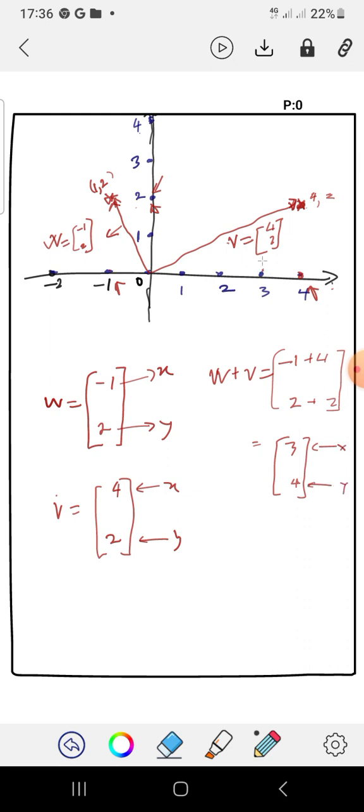So 3 here, and 4 here. So we come to somewhere around here. That's perfect. Then we have our vector. It goes like that, comes to that place. Then we know that this is the coordinates 3, 4, which is the endpoint of the vector. So that's the sum of the two.